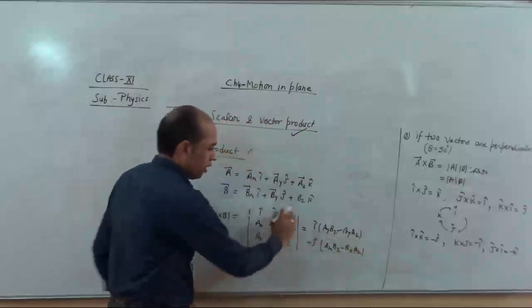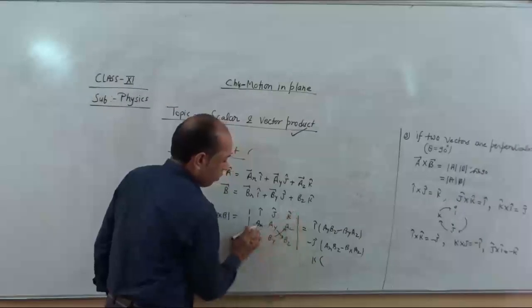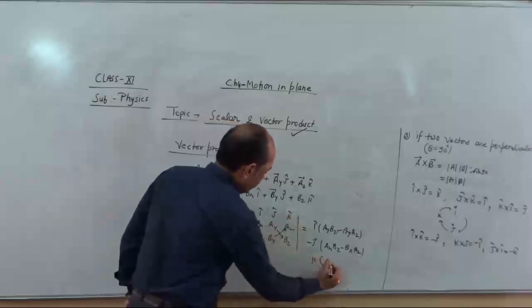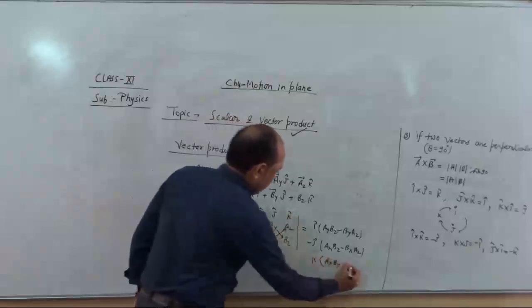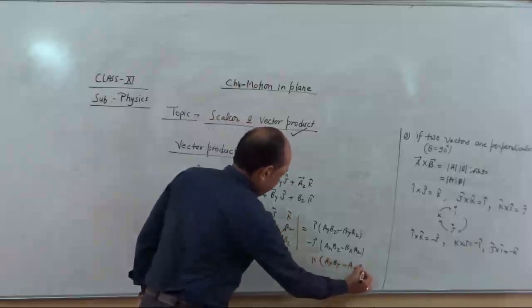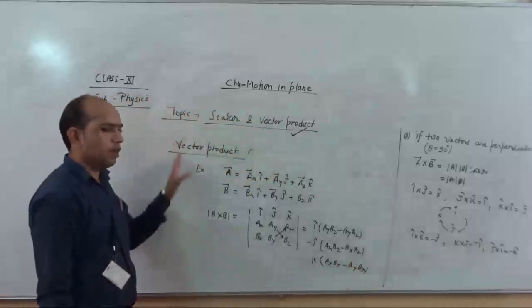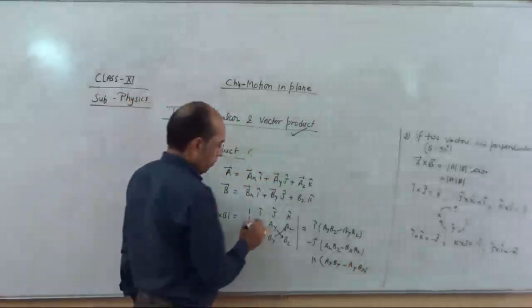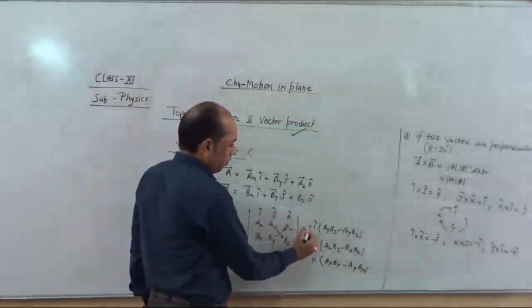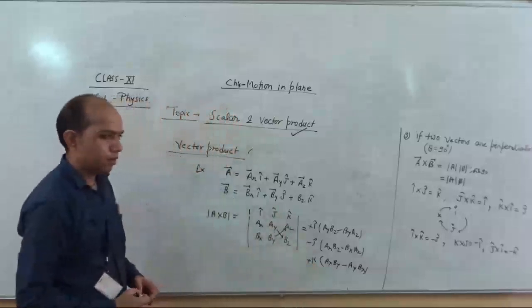And last one for K, again we hide this line. So Ax By minus Ay and Bx. So this is the way to take the vector product, and always remember one thing: for I it is a plus sign, for K it is a plus sign, but for J it is negative.